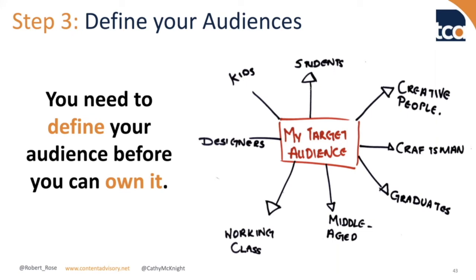These are the problems we want to solve for them. These are the products we want to sell them, as opposed to flipping that around and saying, what is it that they want from us? How can we help them solve the problems that they have or provide them with the information that they're looking for? This is about delivering what your audience wants and needs versus what the organization wants or thinks it should deliver.